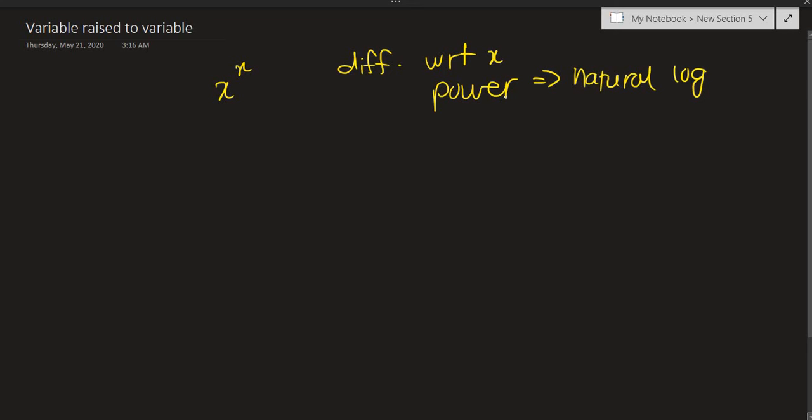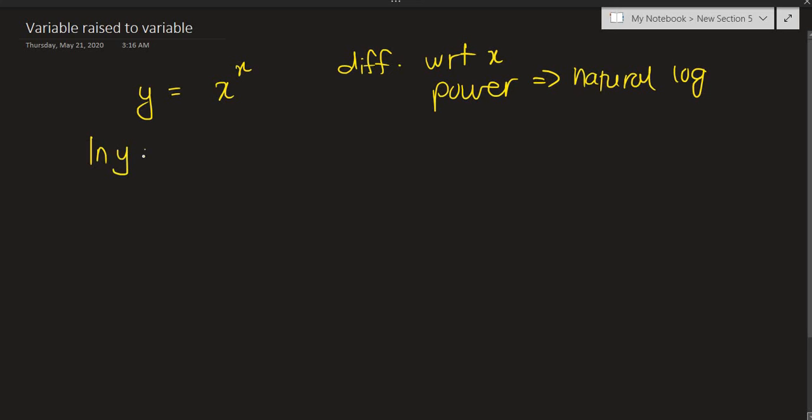If you see a power anytime, and the power is a number, then you can use the power rule of differentiation. But if it's a variable, like in this variable raised to variable category, you let this equal to some other letter, y in this case, and then you take the natural log on both sides.